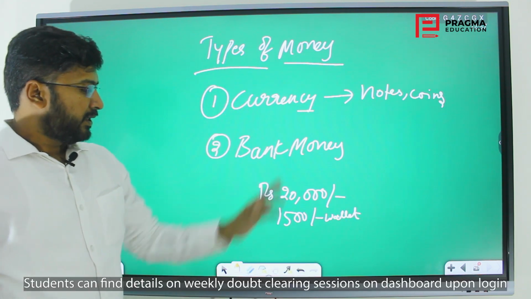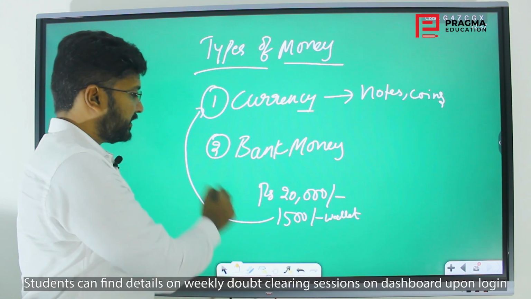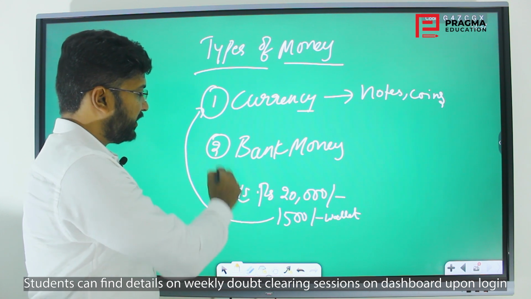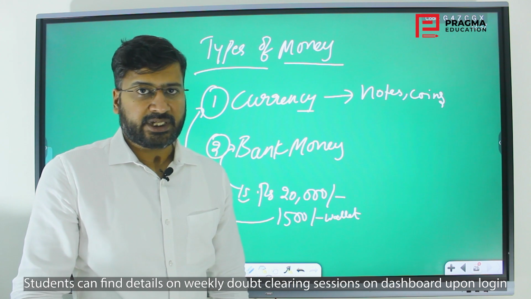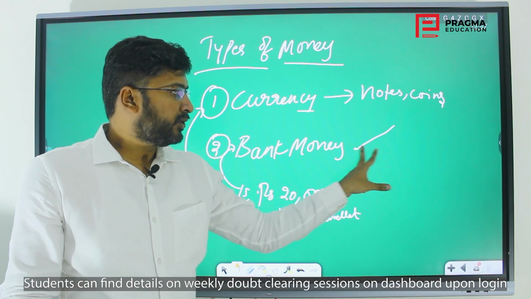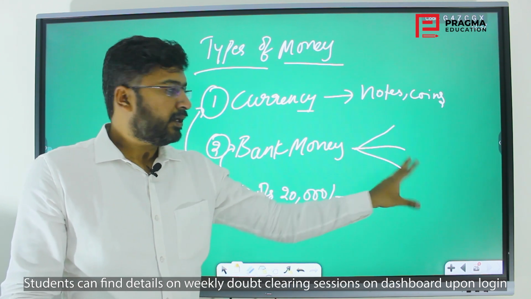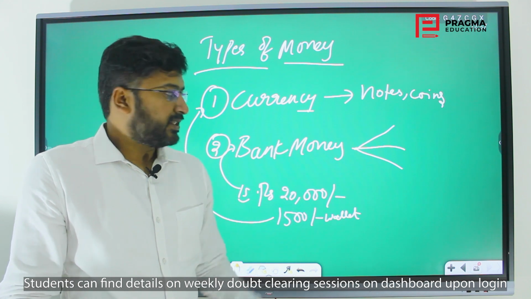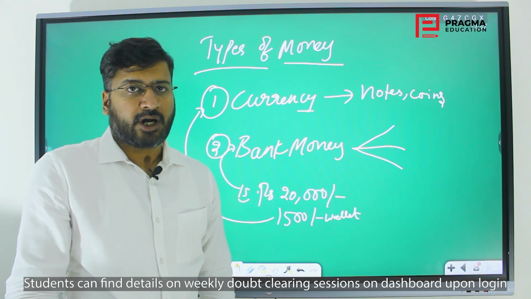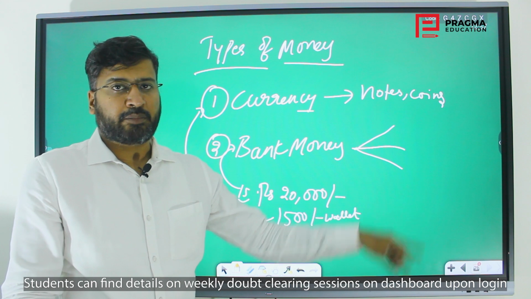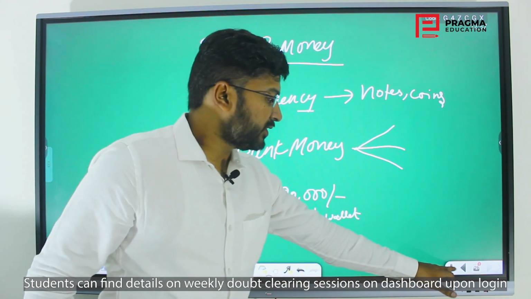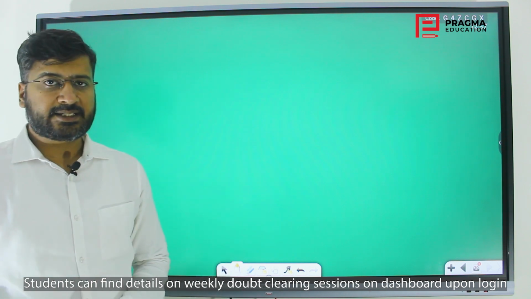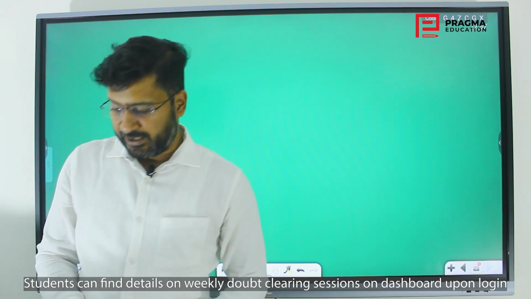So this 1,500 is currency, and the remaining 18,500 is bank money. I use cards, I pay through Paytm, I do any other means of transaction, and I can send it to another account. That is bank money. This is currency in circulation. So don't get confused between these two. These are basic things that need to be covered.